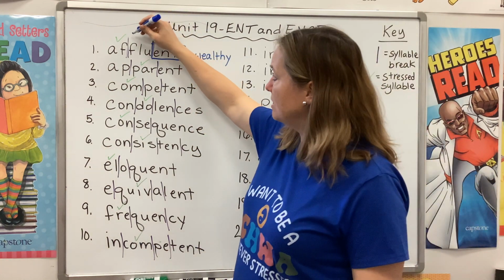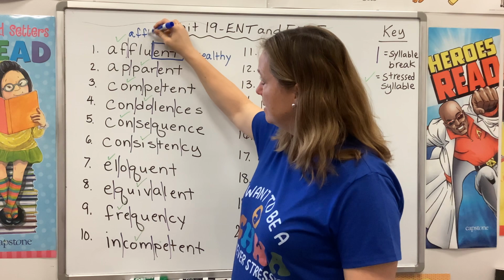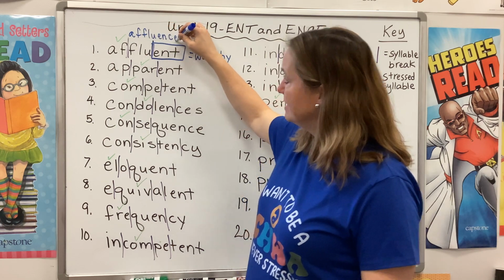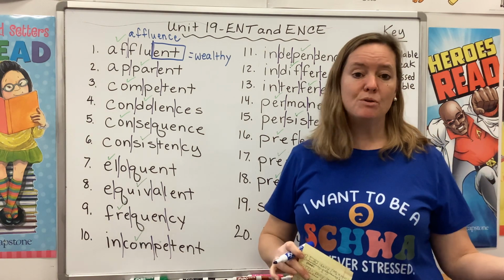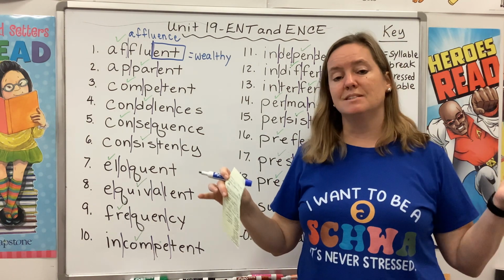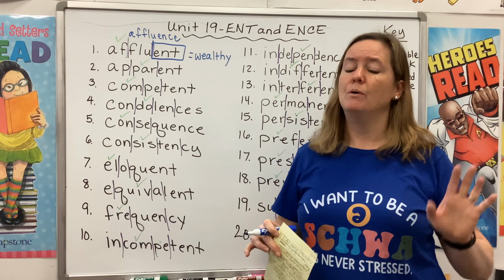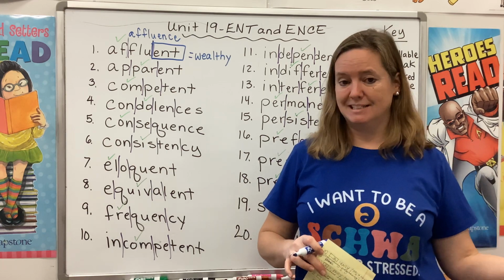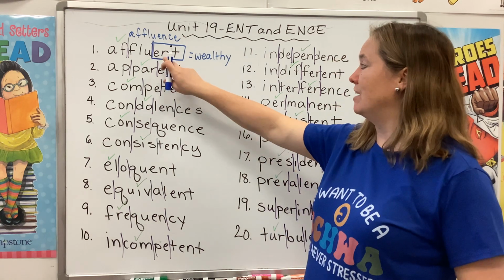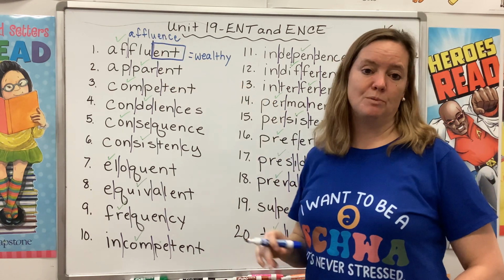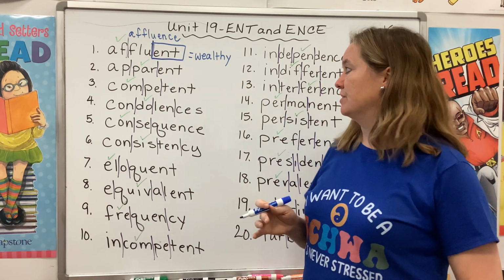I can change that to a noun by changing affluent to affluence. So for instance, you drive into certain communities and they've got huge houses and fancy cars, and you think, wow, there's a lot of affluence in this community, a lot of money. So we have our adjective, we can easily switch it to a noun or vice versa.